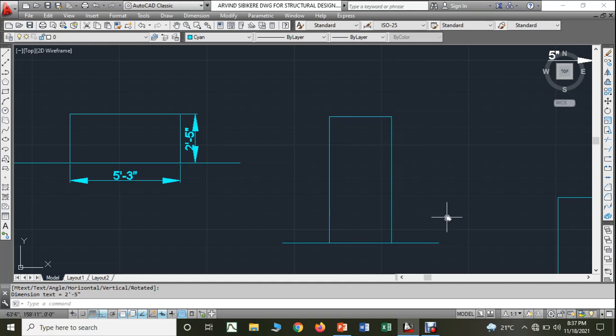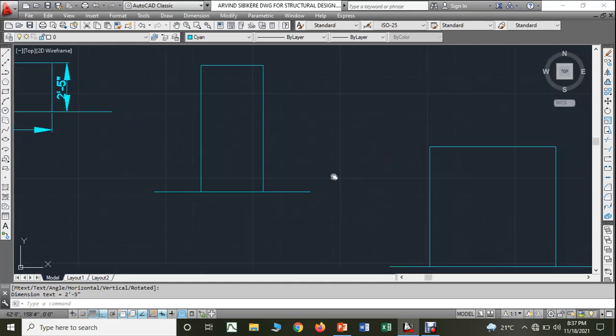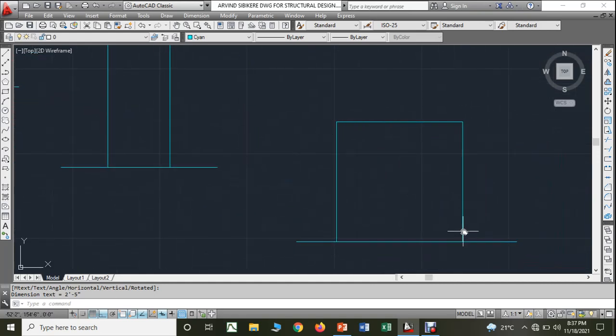But that option is not available in the case of a square column, since a square column has both b and d the same, so however you turn the column, the moment of inertia of the square column, or even of circular columns, remains the same. Because you know, for circular columns it is pi d power 4 by 64.